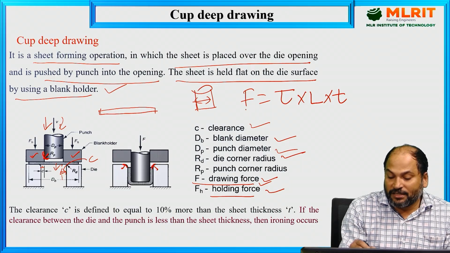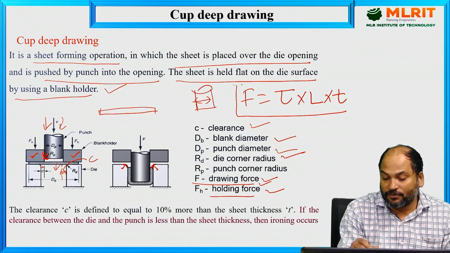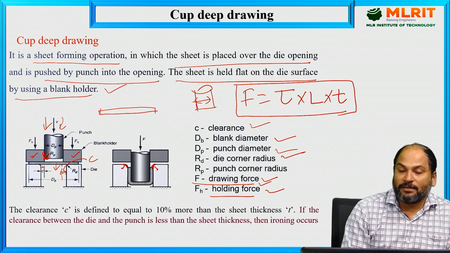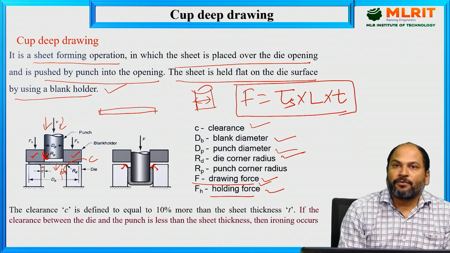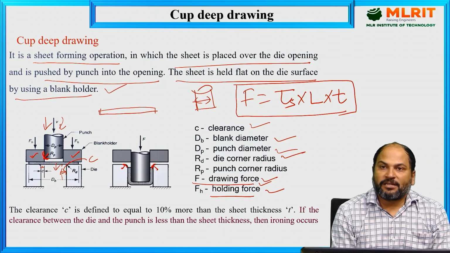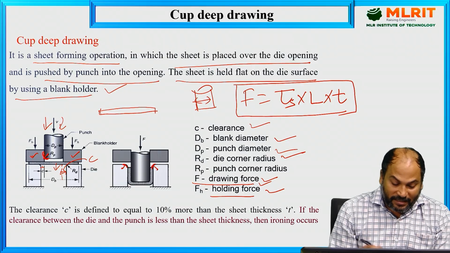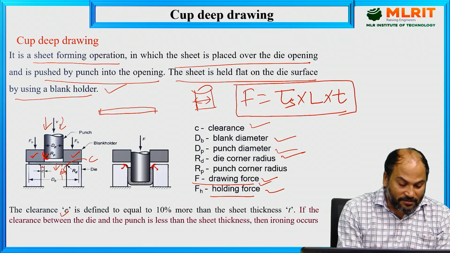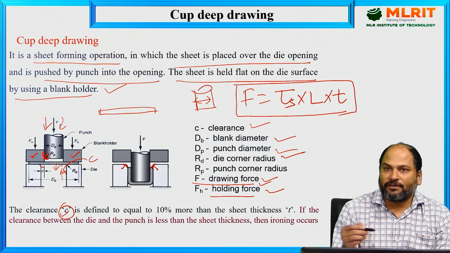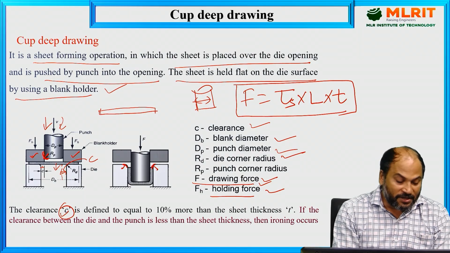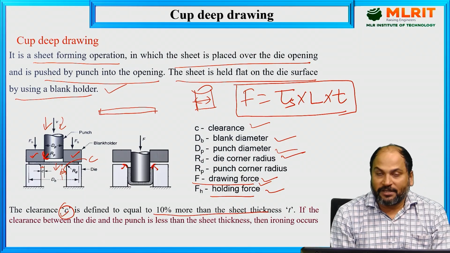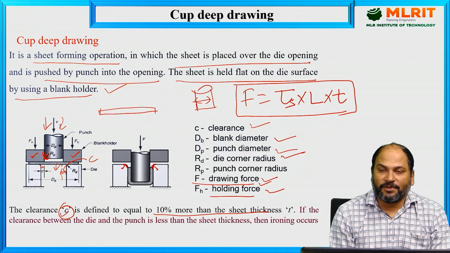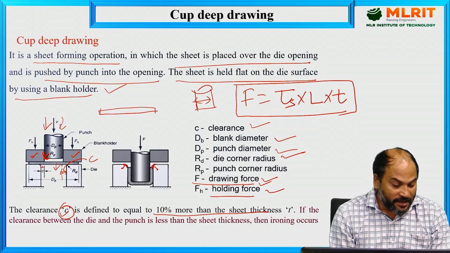So this punch force is given as the shear stress of the material, tau s, into the perimeter, and then the thickness of that material. Technically this is not fixed, it varies according to the material, but the clearance is generally defined as more than 10% of the thickness, T, of the material that we are going to deform.